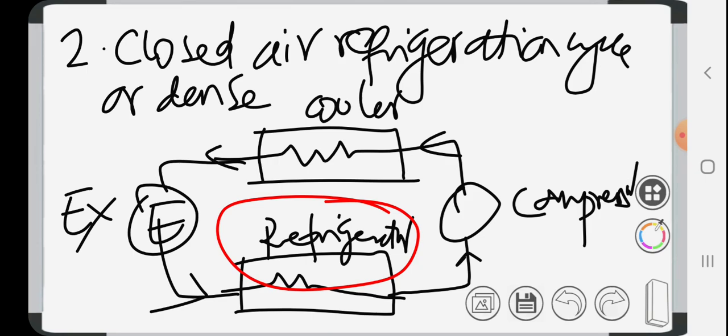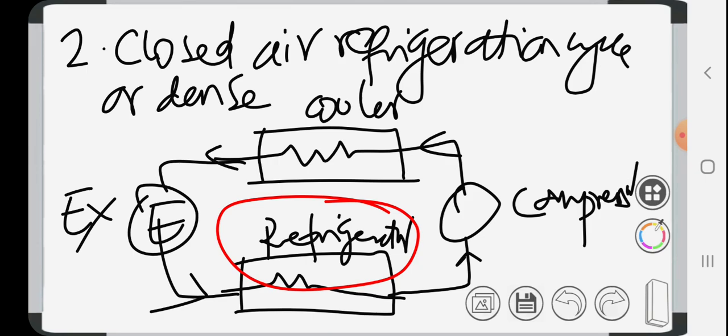The air is not allowed to directly come in contact with the objects or occupants to be cooled. That is why the system is called closed air refrigeration system. The transfer of heat takes place across the surface of pipes or ducts. So there is no direct contact between the working fluid and the product being cooled. So that is the difference between closed and open air refrigeration cycle.